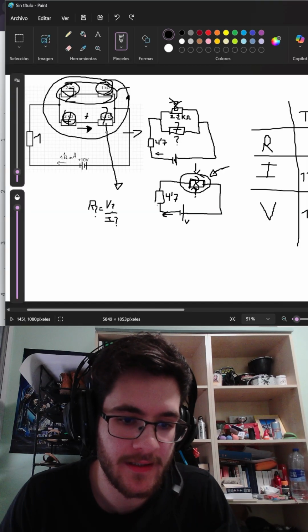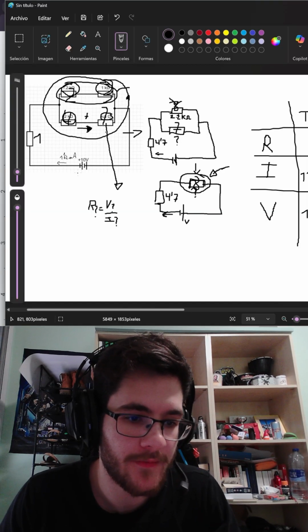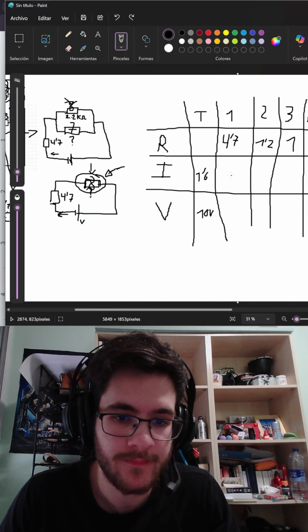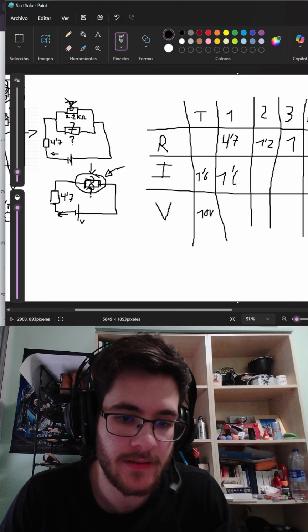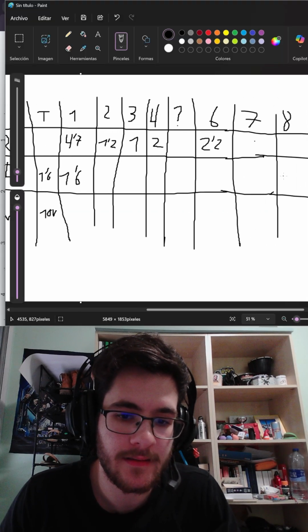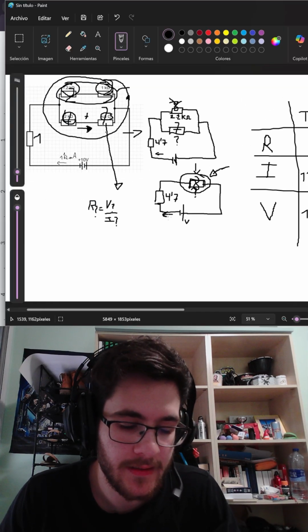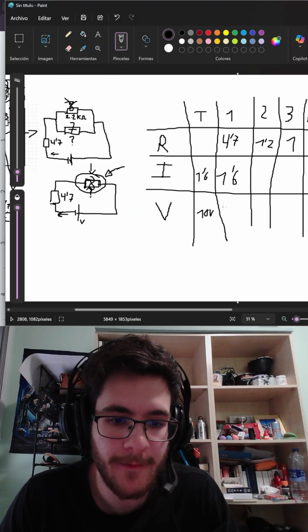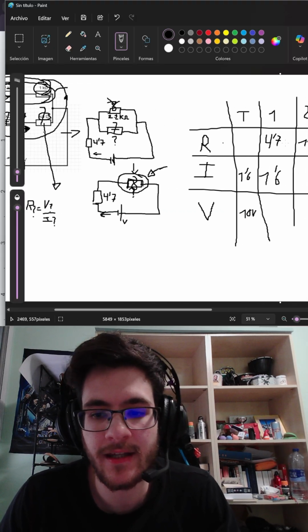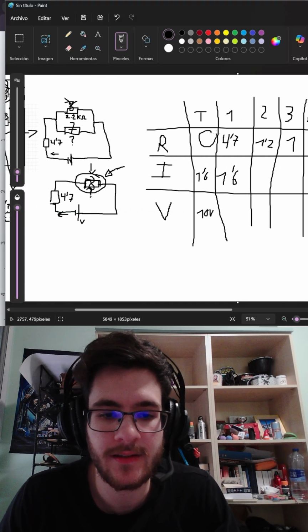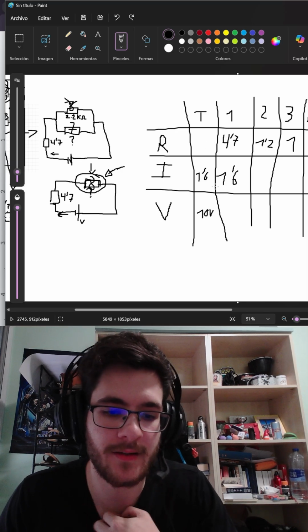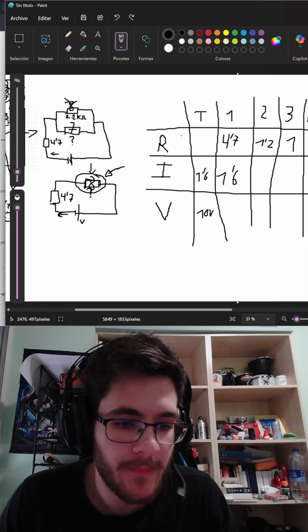So the 8 and the 1 will have the total intensity, 1.6. And the voltage we don't know, but we can calculate it. The last time we calculated the resistance, but we don't need that now.